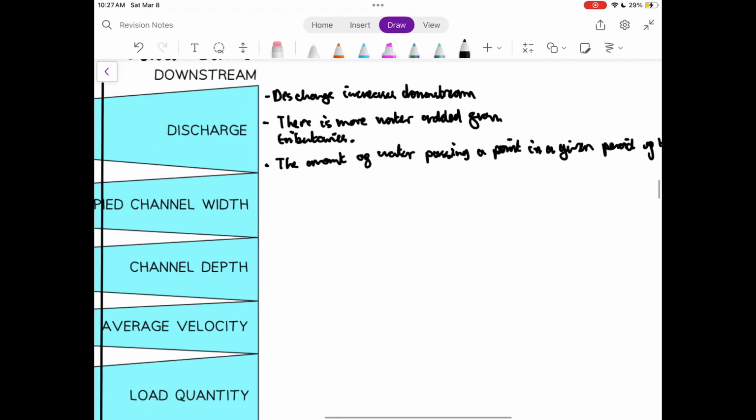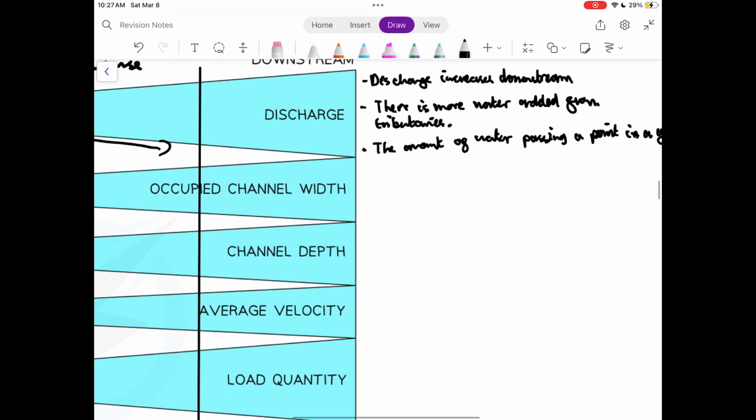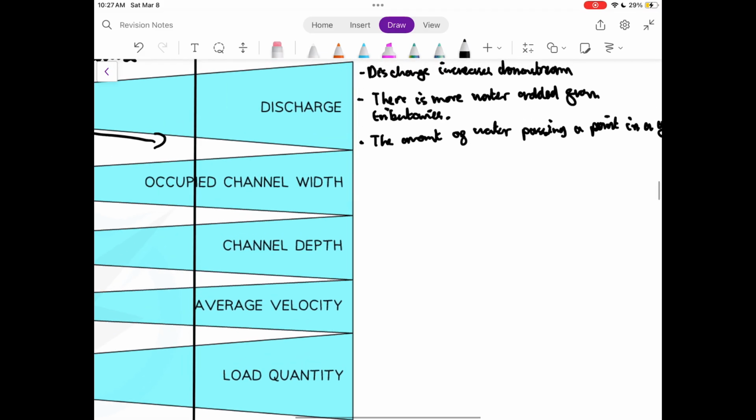Okay. So next thing you need to know is the occupied channel width, and this also increases downstream. And this is because there is more lateral erosion. So that means that there are more erosional processes on the banks of the river, which increases the width of the channel.